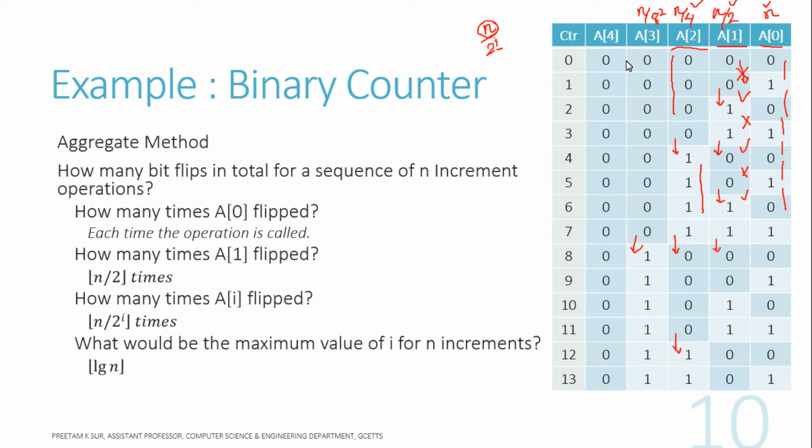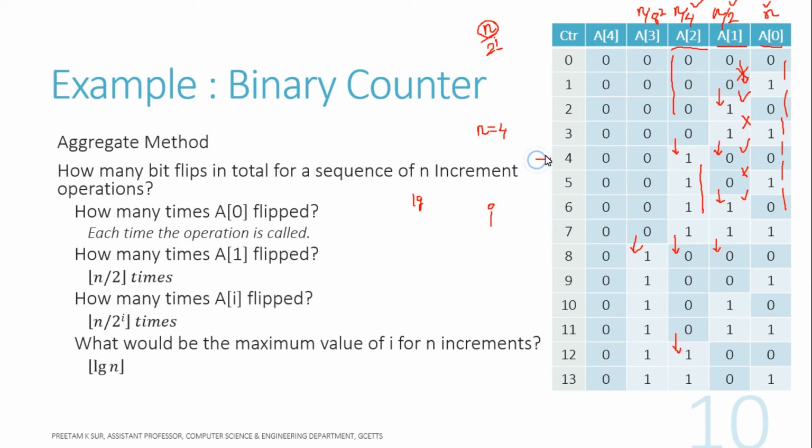Because if I tell you the maximum value of i, meaning which index is going to be flipped last, any bits after that will not be flipped for the n operations. Suppose n is equal to 4, what is the last bit that is going to be flipped? The answer is log 4, which is basically 2, right?